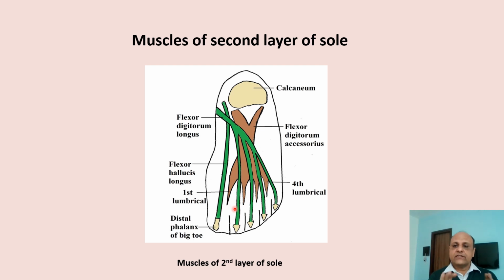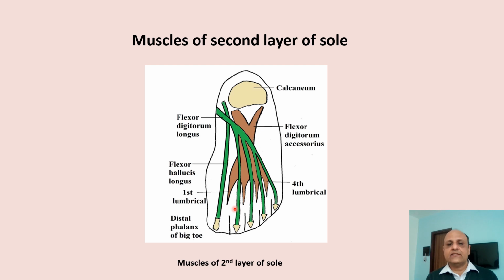So what is the function of these lumbricals? They help in maintenance of extension of the interphalangeal joints, so that in walking and running the toes do not buckle under, which means that while walking and running the extension of the interphalangeal joints is maintained by the lumbricals, so that the toes do not buckle under, they remain extended at the interphalangeal joints.